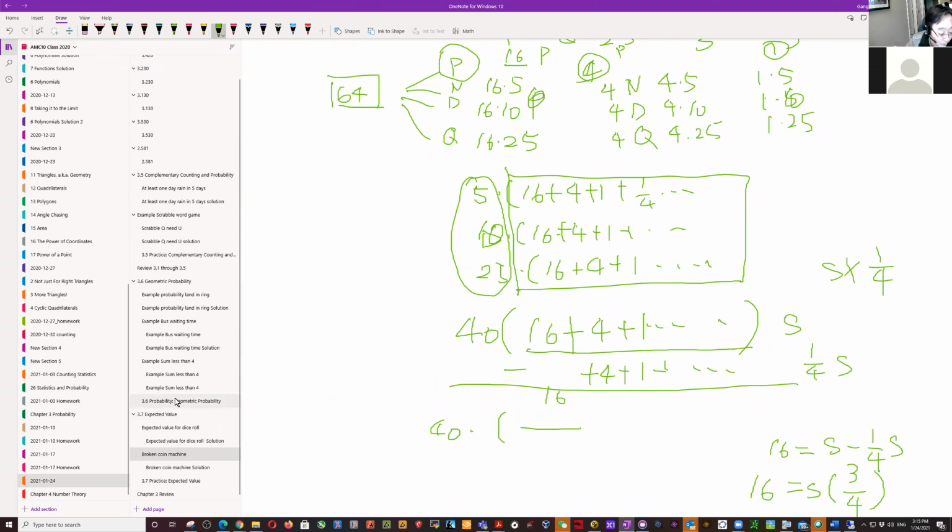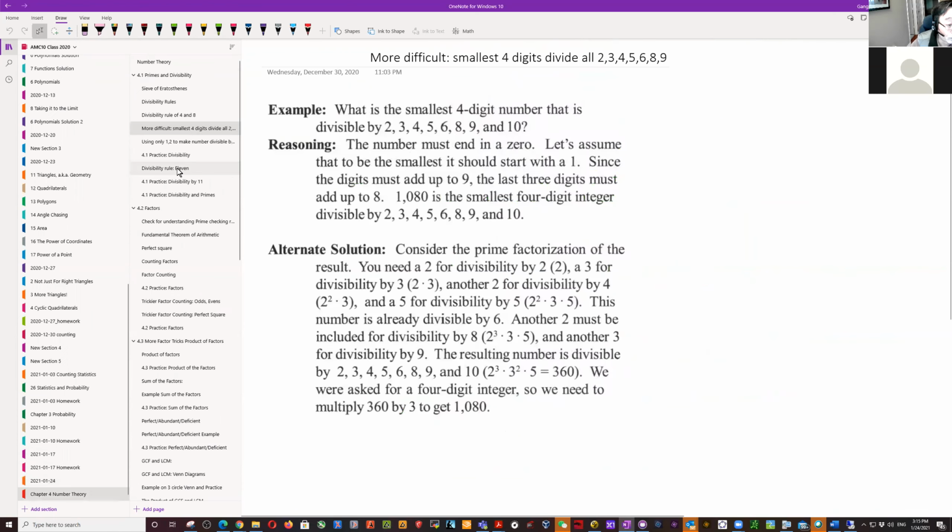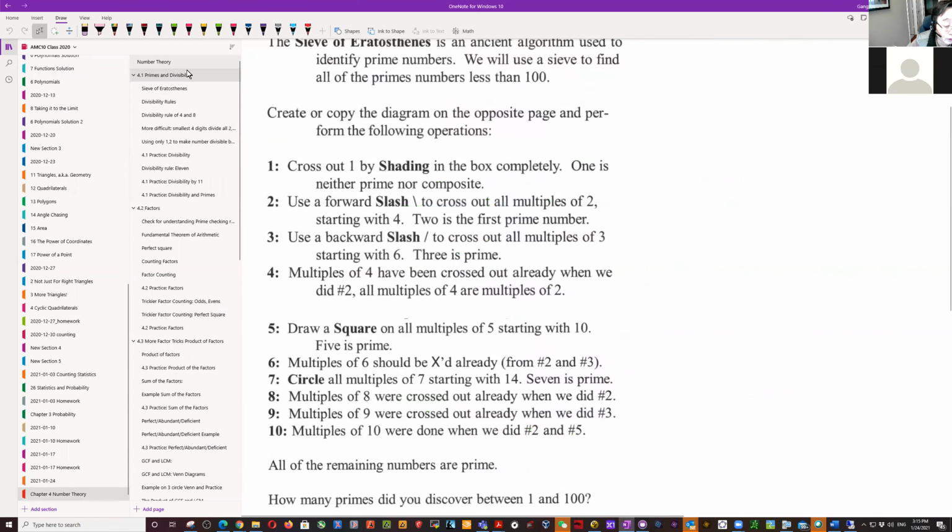Okay, so we have more time for going to, let's say, number theory. So let's try to go as far as possible on the number theory.